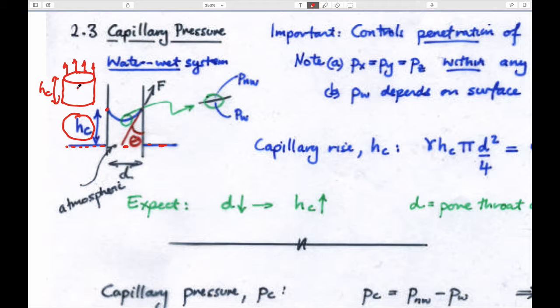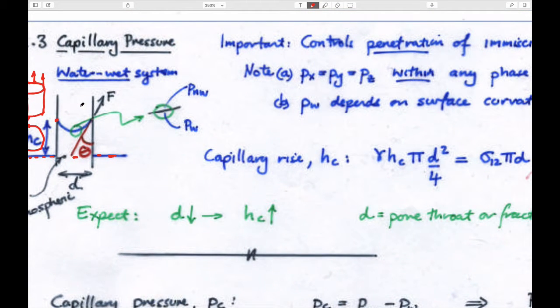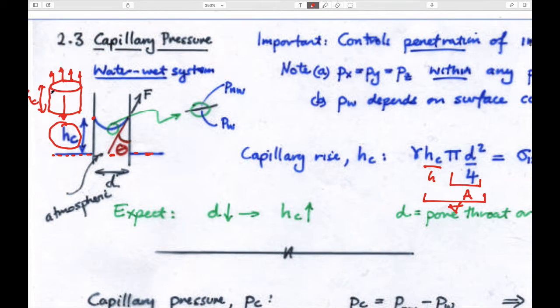The force balance is the weight of this which is pulling down, the force on this which is pulling up, and we absolutely know the geometry of this. The geometry is going to be equal to the height times the cross-sectional area. This, by definition, is the volume of this tube.